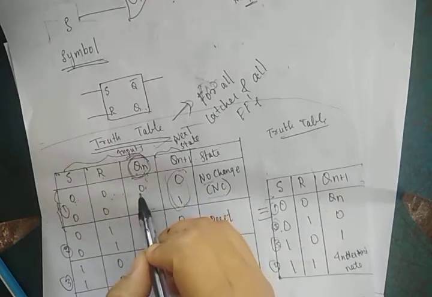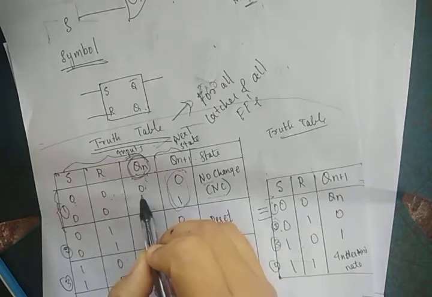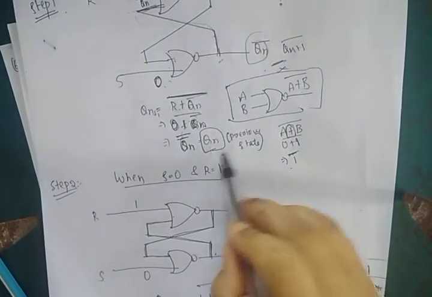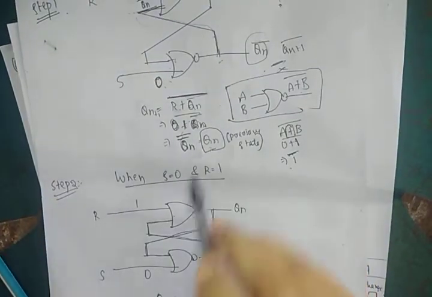Since this is a truth table of 3 variables, what result have I got here? Qn. See here now the truth table. What is Qn here? Qn is 0. Here Qn is 1. Keep it as it is. Next. So no change. That is the previous state only will be there.